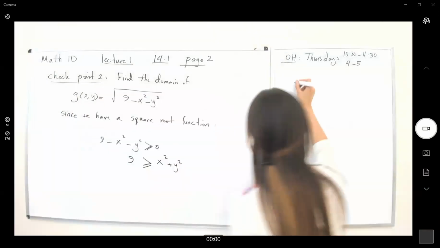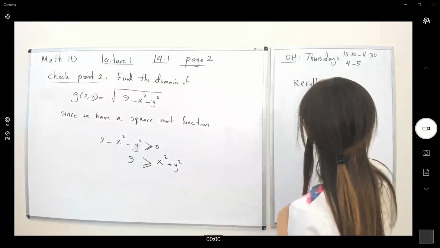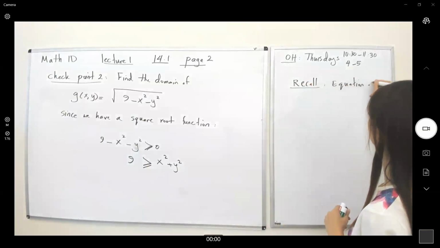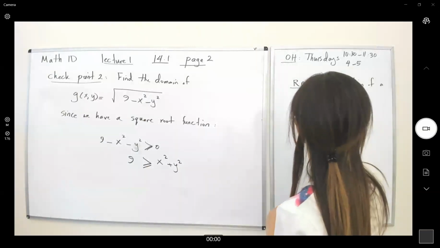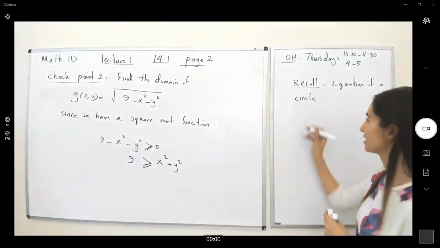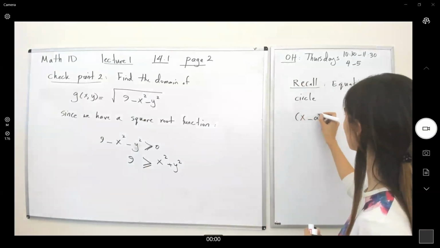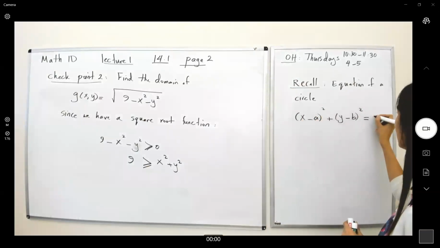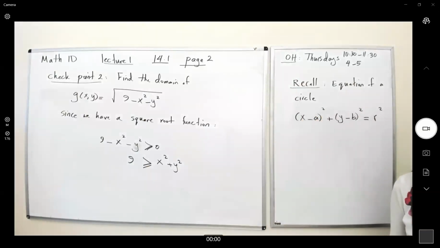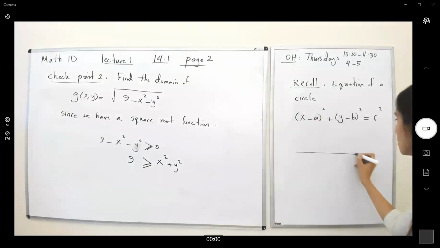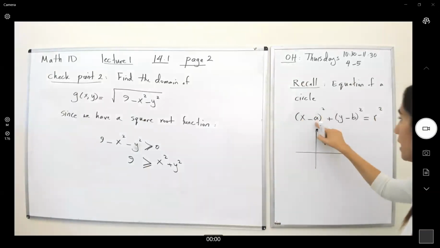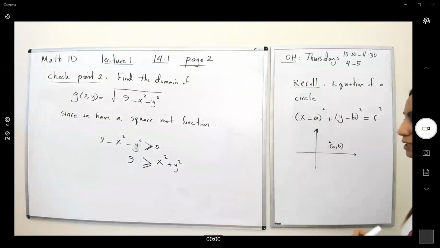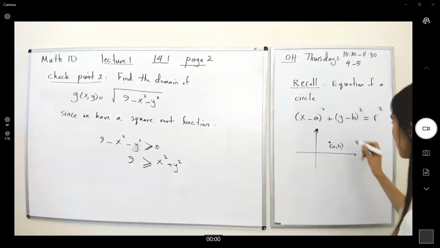Recall that the equation of a circle is x minus a squared plus y minus b squared equals r squared. This is a circle centered at (a, b) with radius r.